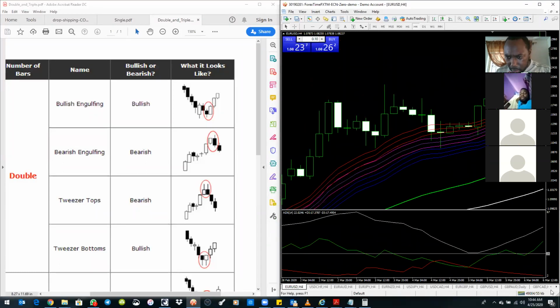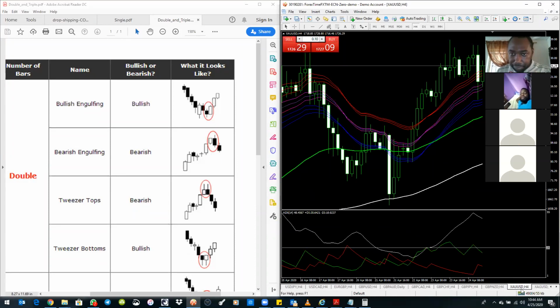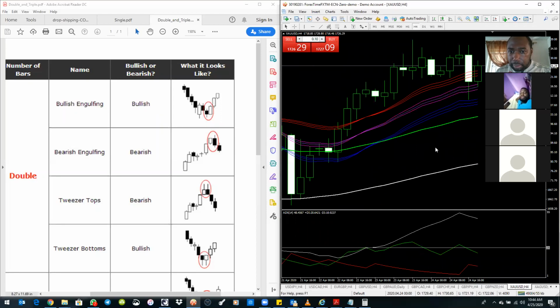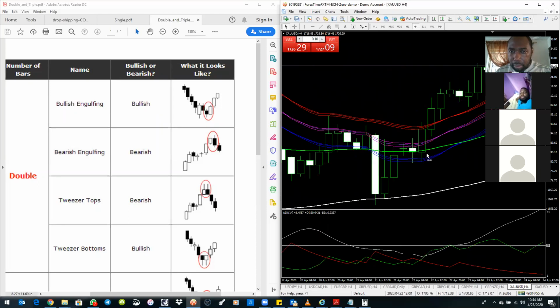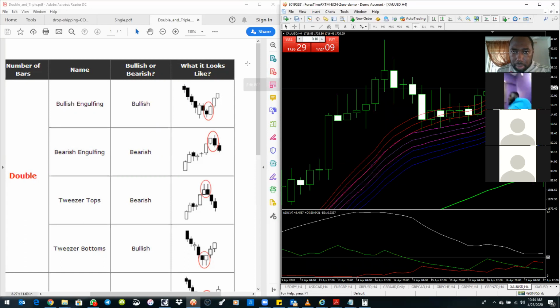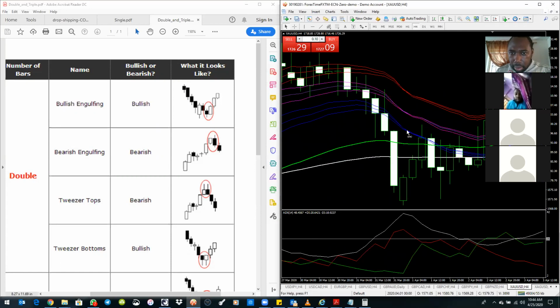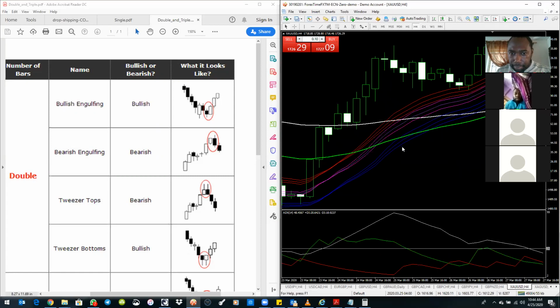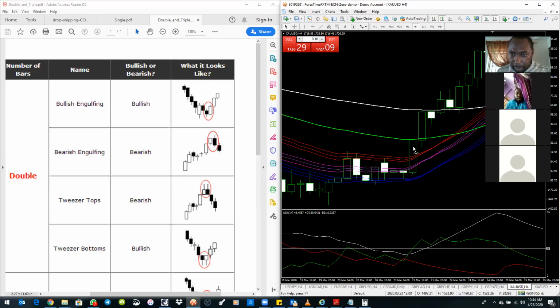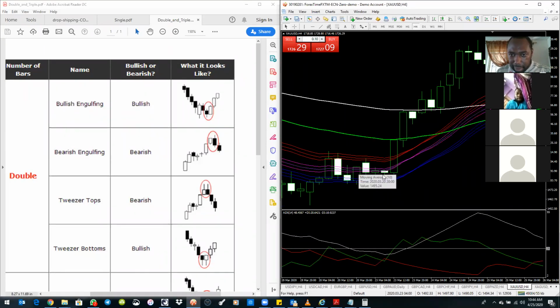Let me go to gold. I think we had a bullish engulfing in gold recently. Okay, yeah, this is a good example of a bullish engulfing candle.